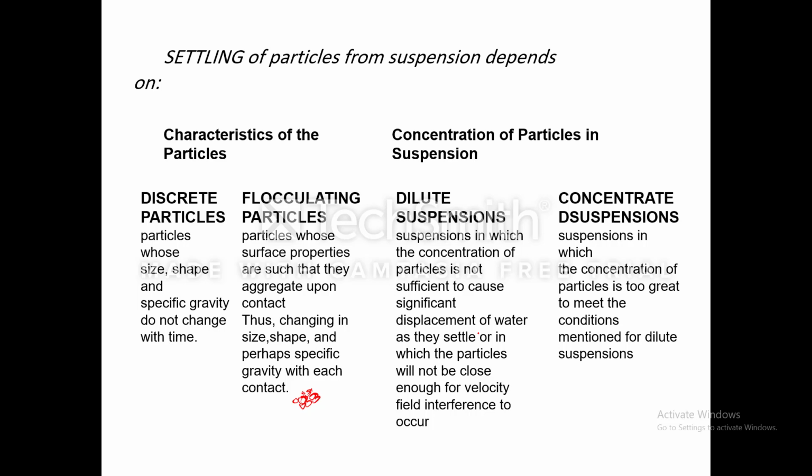Finally, concentrated suspensions, in which the concentration of particles is too great to meet the condition mentioned for dilute suspension. Here we have very high concentration, so the sedimentation process will be very difficult to achieve.